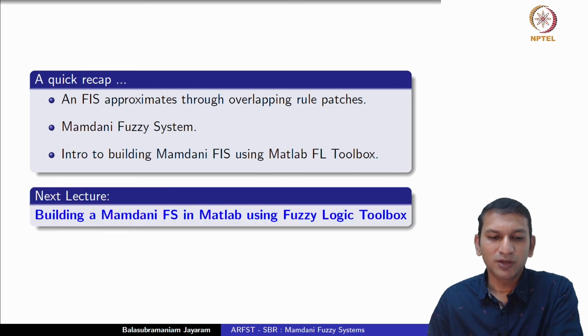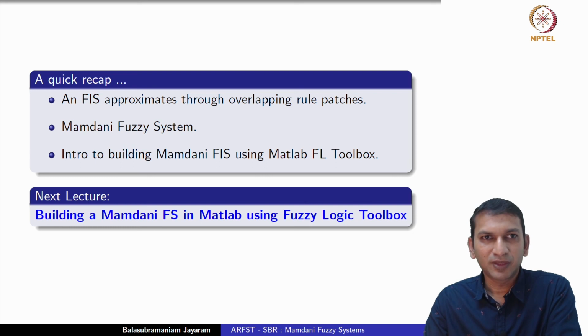And this is what we will be doing in the next lecture. We'll take a couple of functions and see how exactly to build this fuzzy inference system, the Mamdani fuzzy inference system, which would more or less approximate the function that we are considering.